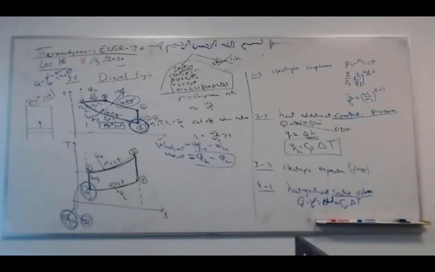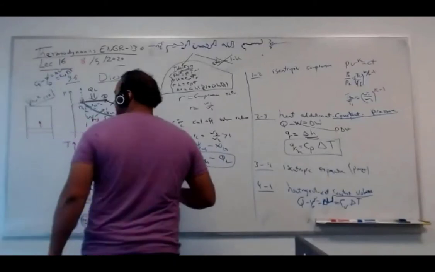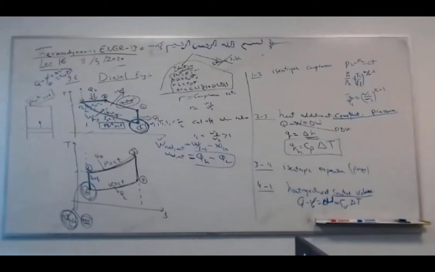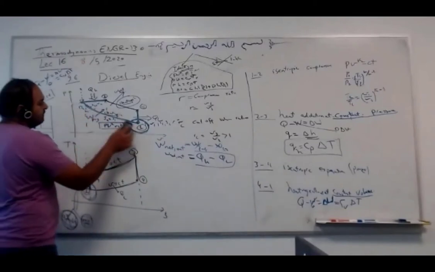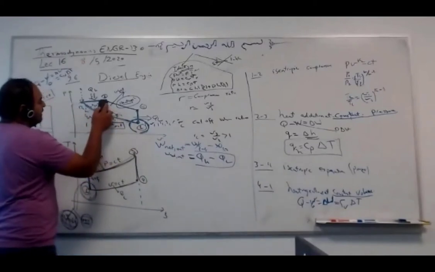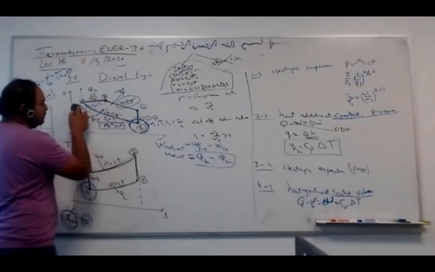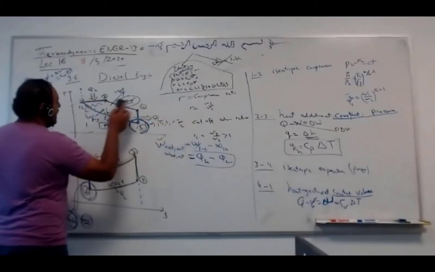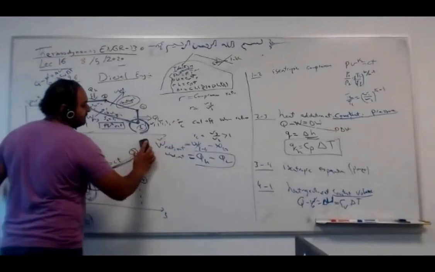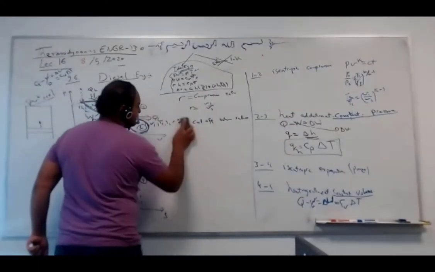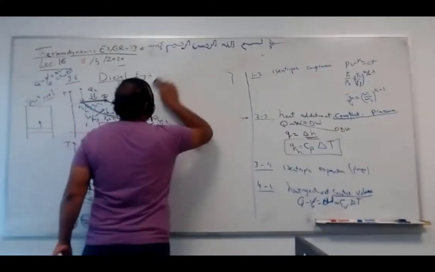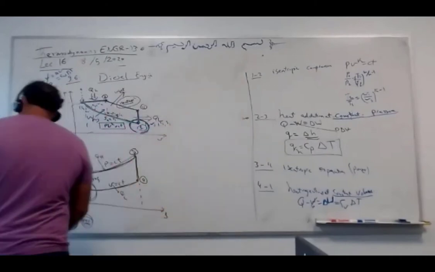Okay, let's now derive this. We define two volume ratios: V1 over V2, which is the compression ratio R, and V3 over V2, which is RC. We have two ratios. How about the thermal efficiency?